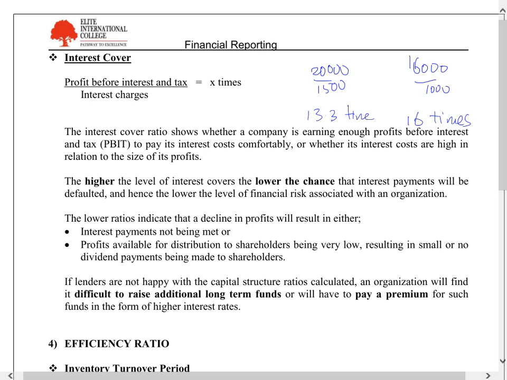What does this explain? Which company has got lower risk in servicing their loan? This is to calculate the ability to service their loan. So which company has got more ability to service their loan?